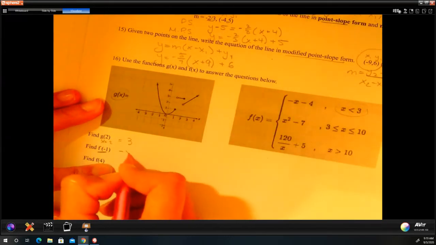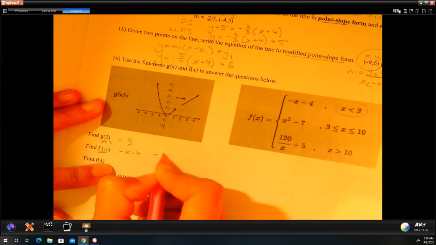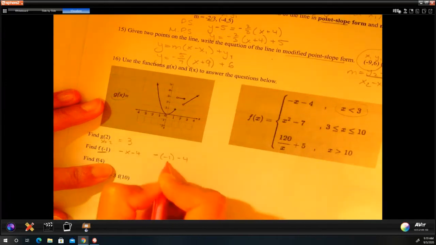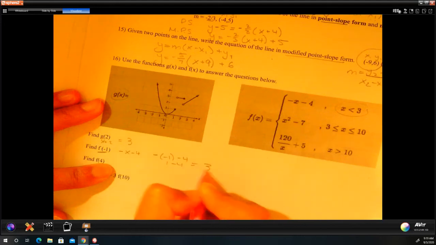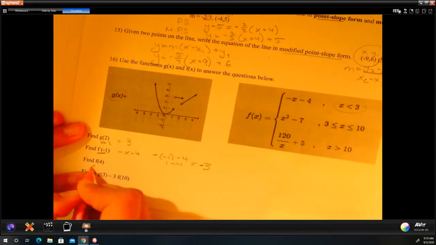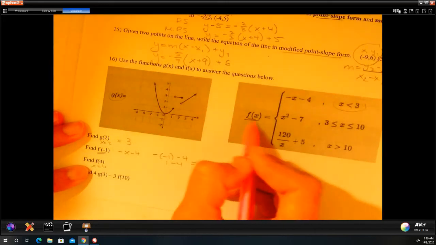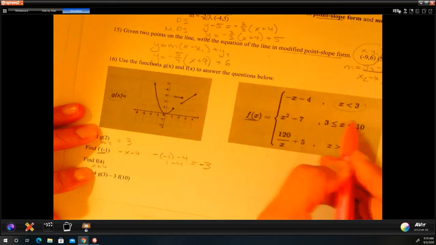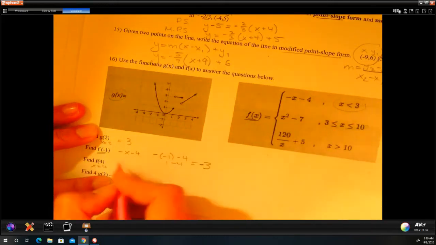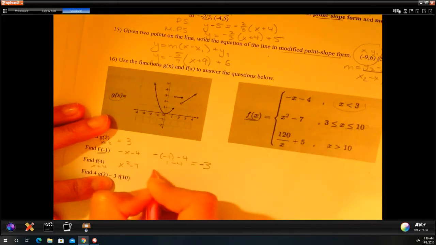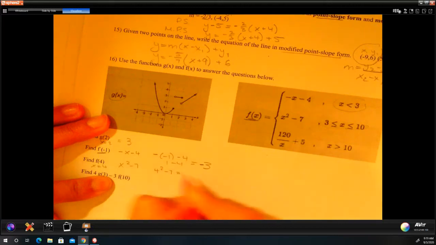So I'm going to use -x minus 4. -1 minus 4 would be 1 minus 4. So that would give me -3. F of 2, x equals 2 in this function that says f. X equals 4 would be here between 3 and 10. So x squared minus 7. 4 squared minus 7 would be 16 minus 7. So that's 9.